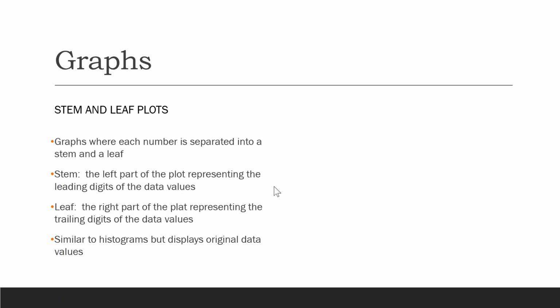These are very similar to histograms, but the advantage of using stem and leaf plots is that we can see all of the original data values. So we'll see all of the numbers that are actually in our data set, whereas when we look at histograms, we get just a distribution and not the actual values.